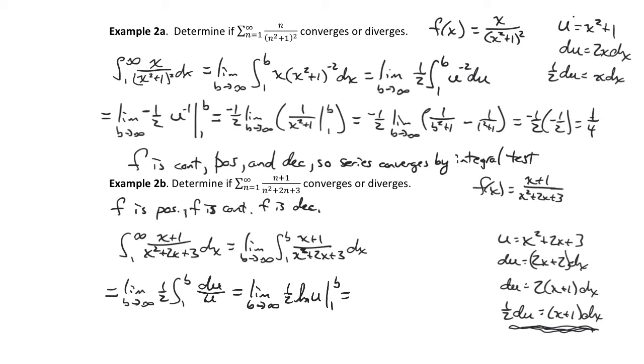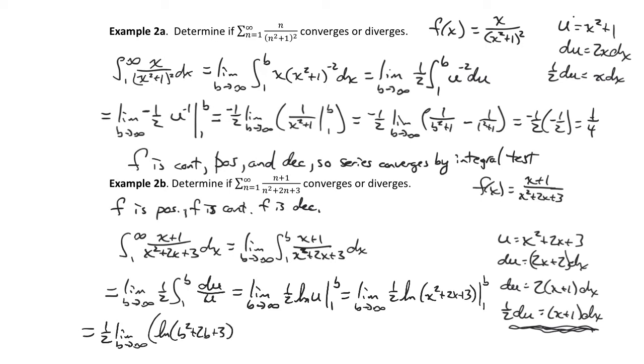We need to resubstitute. We've got the limit as b goes to infinity of 1/2 natural log of x squared plus 2x plus 3, evaluated from 1 to b. I'll pull the 1/2 out front. The limit as b goes to infinity of the natural log of b squared plus 2b plus 3, minus the natural log of 1 squared plus 2 times 1 plus 3.